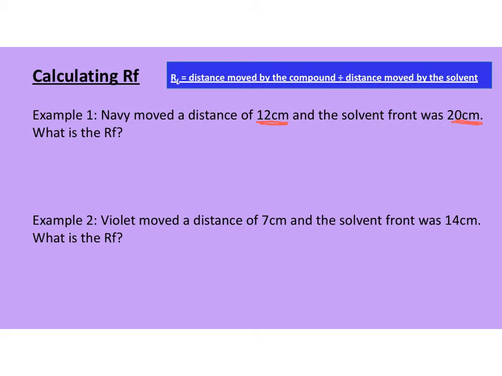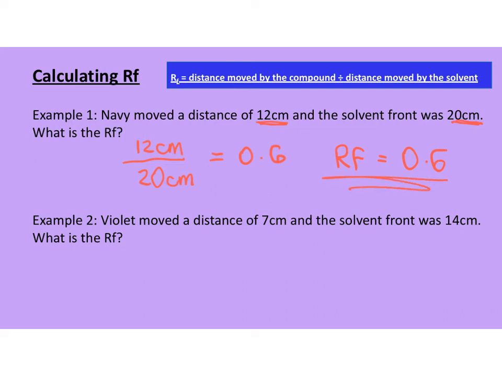So using our RF equation, we do 12 centimetres divided by 20 centimetres, which is 0.6. So our RF value is 0.6 for this navy ink.